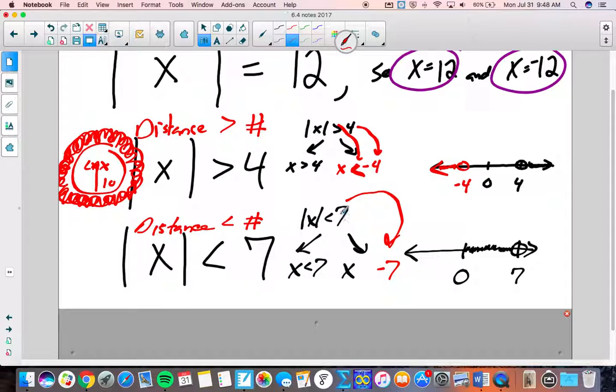And when I flip this to the opposite, I have to flip this the opposite direction. So it's going to go this way now. So the second solution portion to this absolute value inequality problem is, according to my math here, which is correct, x is greater than -7. So -7, x is greater than that.